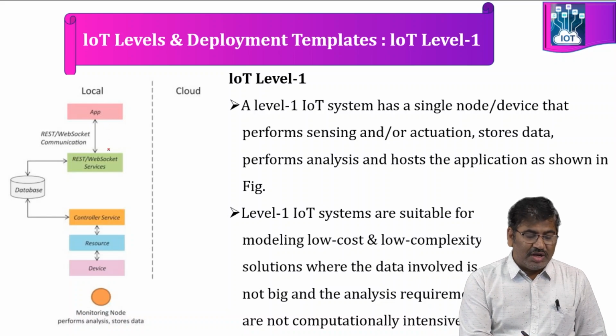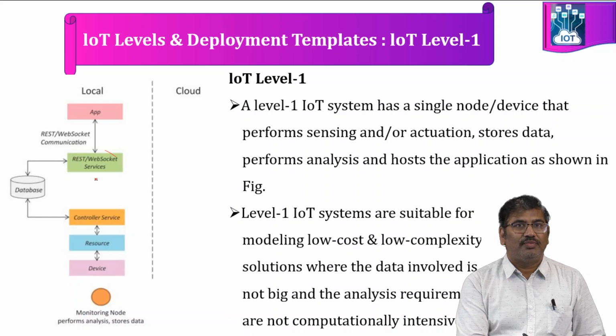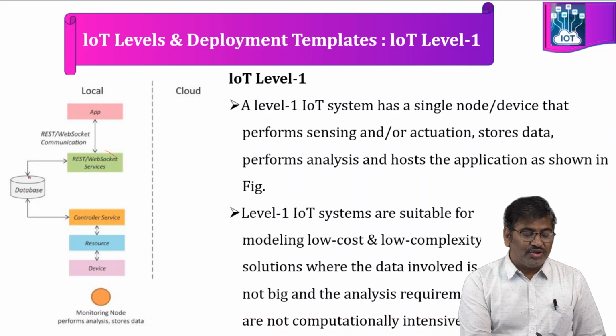So from this local node, we are going to have the application. The application will be connected through communication established by either WebSocket or REST to the web service. This will store the data or fetch the data from the database.